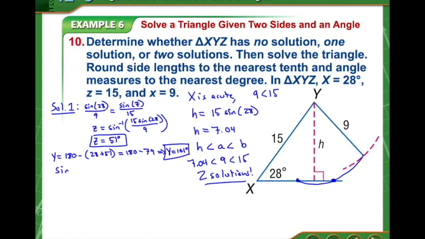So sine of 28 over 9 again, equal to sine of 101 over side y. And again, I'm going to skip some steps here, try to save some space for the rest of what we need to do. Y ends up being equal to 9 times sine of 101 divided by sine of 28, which is, rounded to the nearest tenth, 18.9. Now, we have one solution. We need to take a look at solution 2.